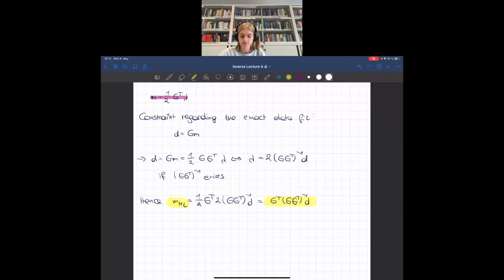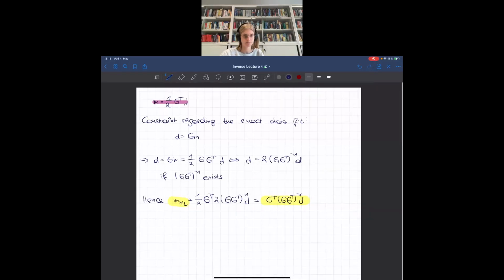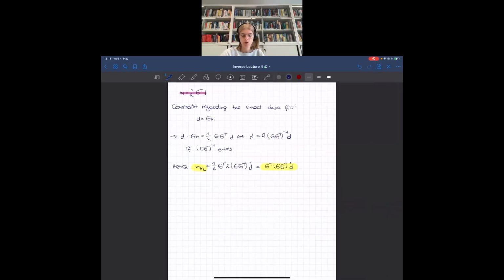So during the derivation, we wanted a perfect fit in terms of the least squares we had before. But in addition, we wanted that the solution has minimum length, so it should be as small as possible. We are not restricted to minimum length.